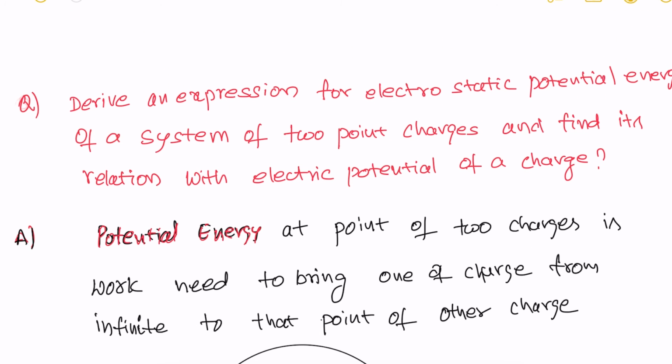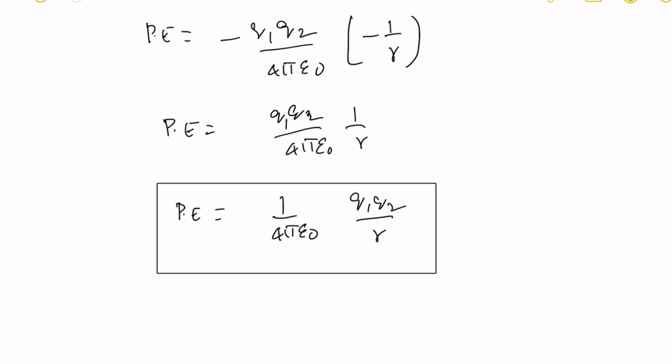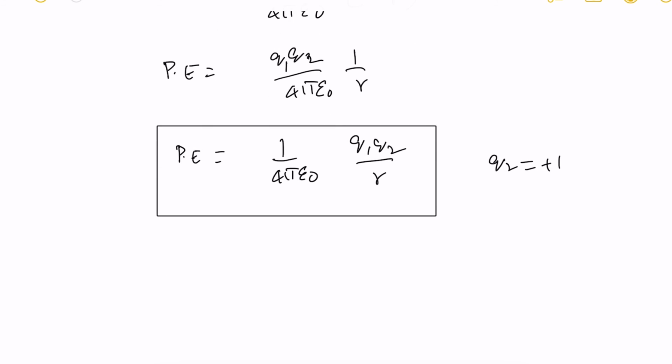Look here, another point is the relation with the electric potential of a charge. Suppose q2 is a unit positive charge, then potential energy becomes potential, that is 1 by 4 pi epsilon naught q1 by r.